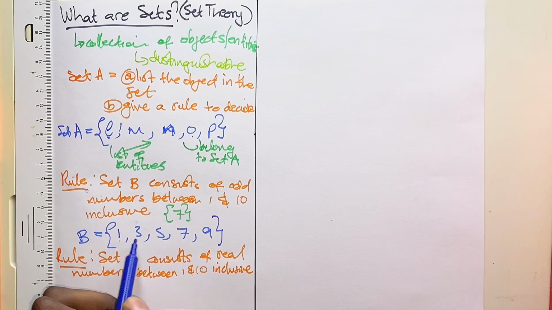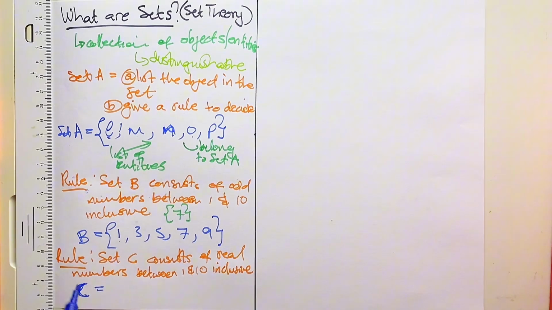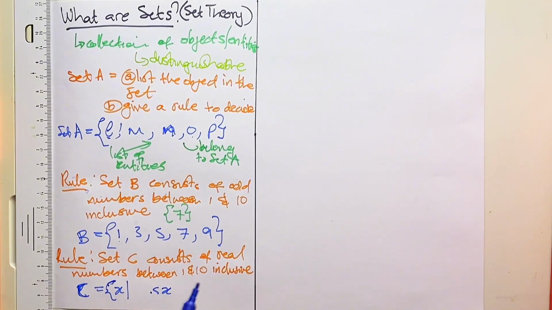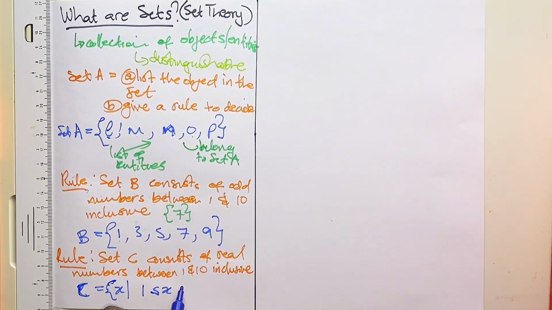Before, I gave you a list exactly. Now I provide you with a range for my set. I will say the set consists of real numbers x such that x is greater than or equal to 1 and less than or equal to 10.